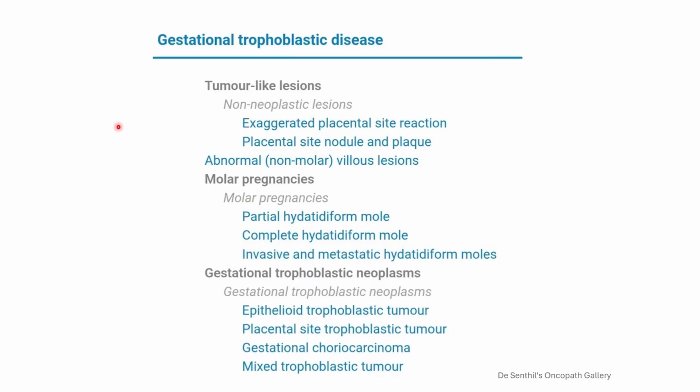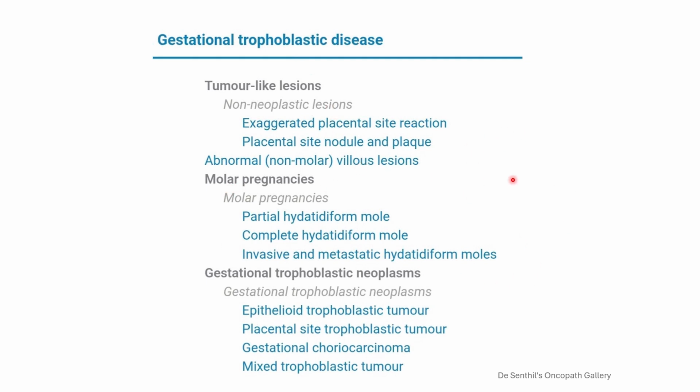This is the current classification of gestational trophoblastic diseases, which is given in WHO edition 5. The major categories are tumor-like lesions, molar pregnancies and gestational trophoblastic neoplasms. In tumor-like lesions we have exaggerated placental site reaction, placental site nodule and plaque, and abnormal non-molar villus lesions.